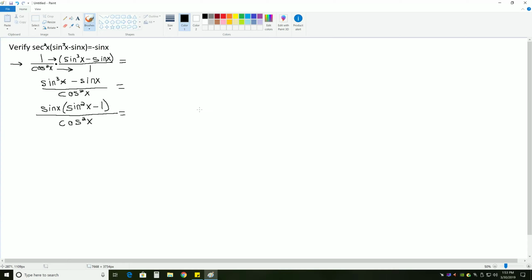So we'll go ahead and show this off to the side. Remember, we always want to show our Pythagorean identities off to the side if we use them. So we recall that sine squared x plus cosine squared x is equal to 1. And if we want to get this sine squared x minus 1, then in order to do that, we would have to subtract 1 from each side, giving us sine squared x minus 1 plus cosine squared x equals 0.